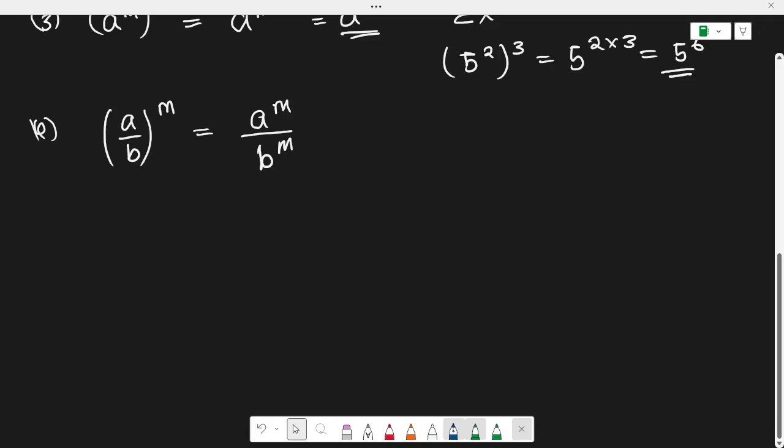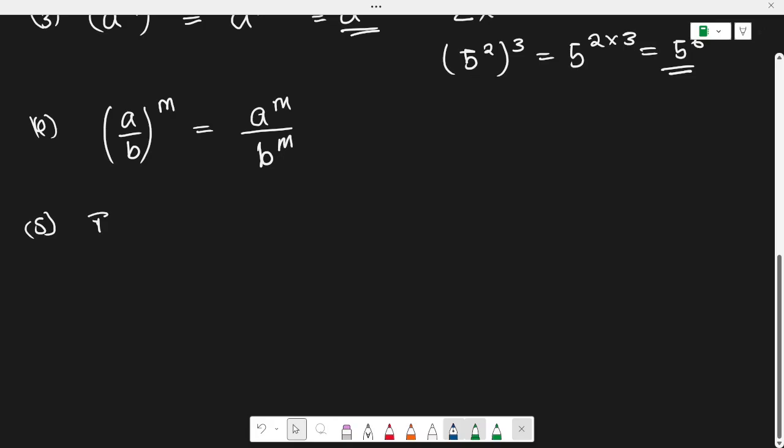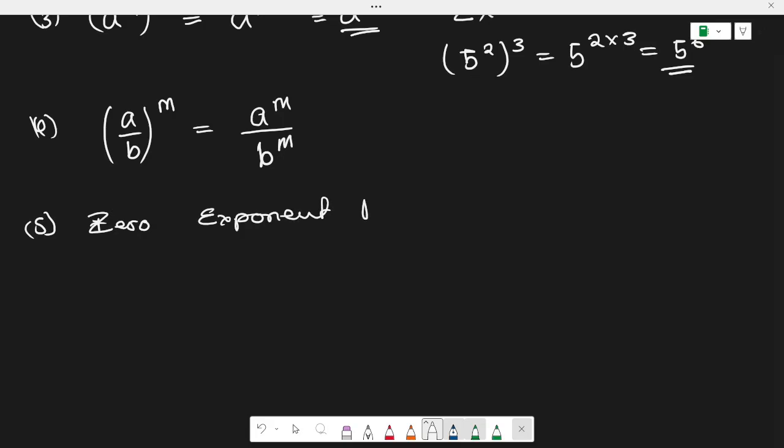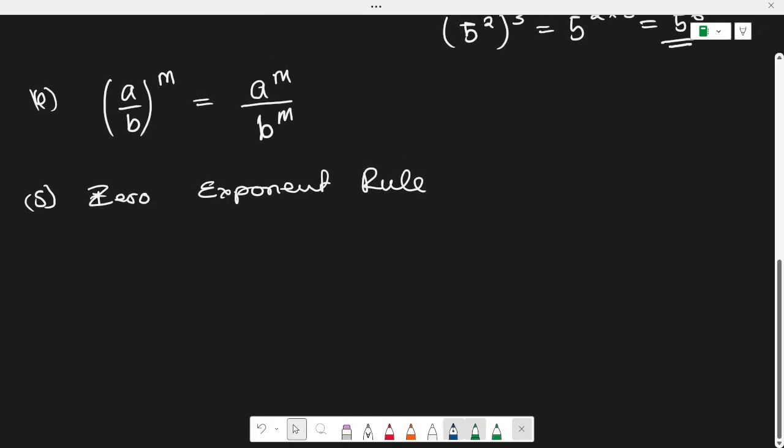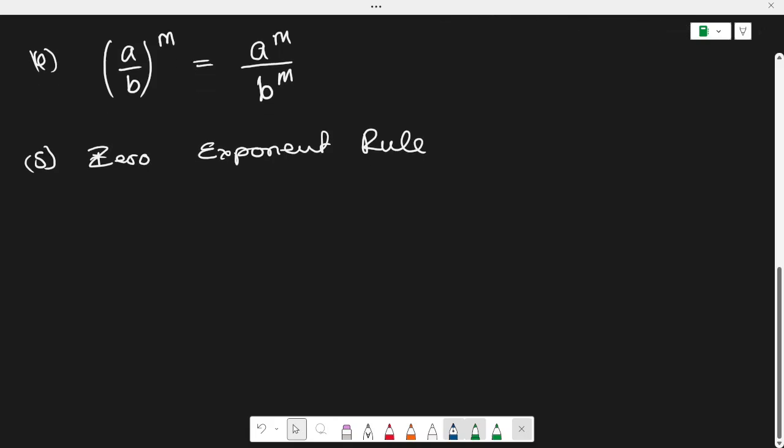The next interesting property that you can look at is what we're calling the zero exponent rule. Here we say any number that is not equal to 0, when it is raised to the power 0, the answer is always 1.